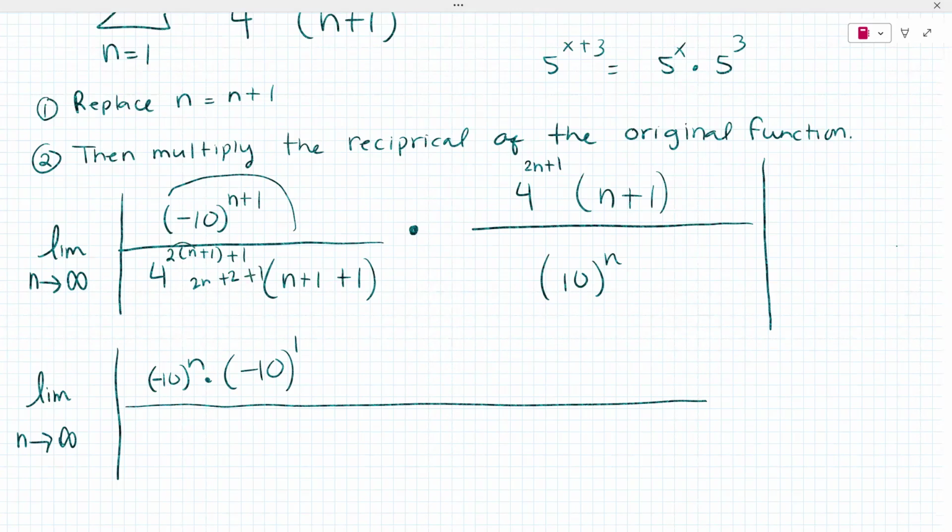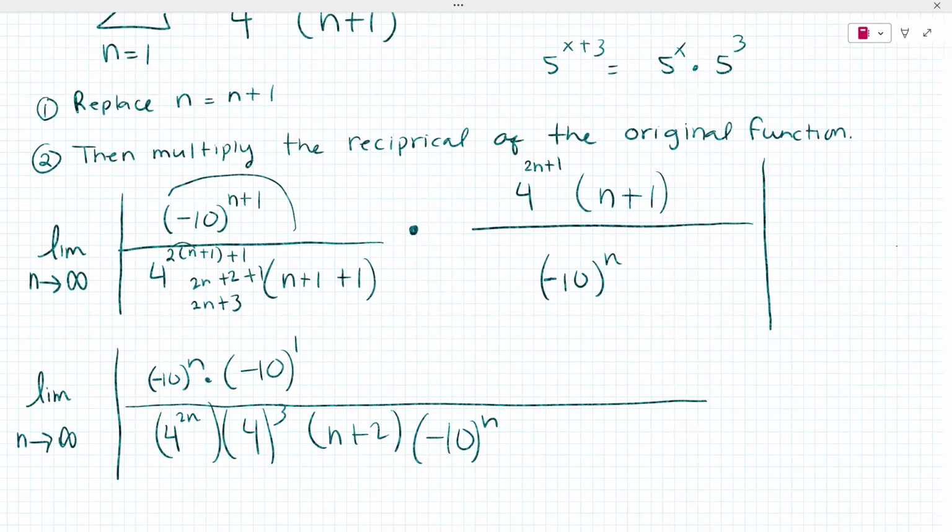So that's going to be 4 to the 2n times 4 to the third, right? 2n plus 3, so this is going to be 4 raised to the 2n times 4 to the 3. And then over here, n plus 1 plus 1 is n plus 2. This should be a minus. And then this is going to be times negative 10 raised to the n.